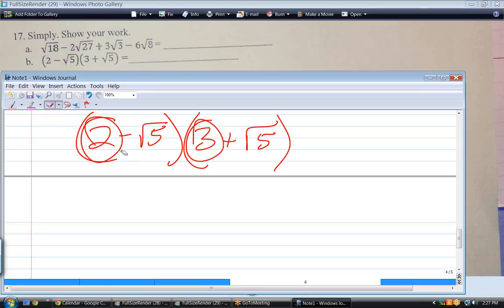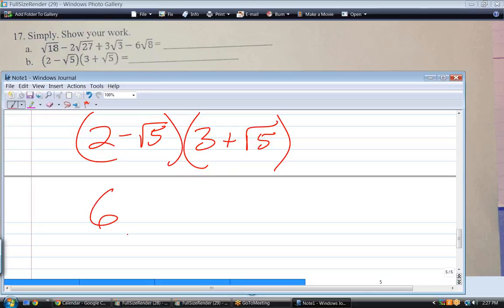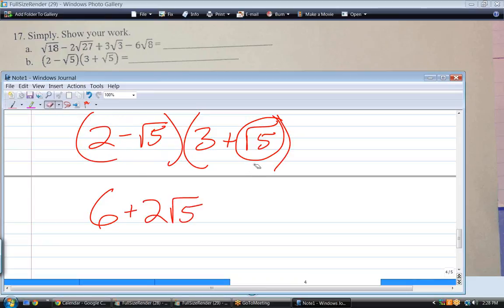Oh, you get 6. Uh-huh. It's only the sign in front that matters, not the sign afterwards. Next term? Would you get square root of 5? Well, we got to multiply that times that. So you get 2 square root of 5. And I'm going to add that. In other words, every time we multiply a term by another term, we're going to add or subtract it. So what's next?